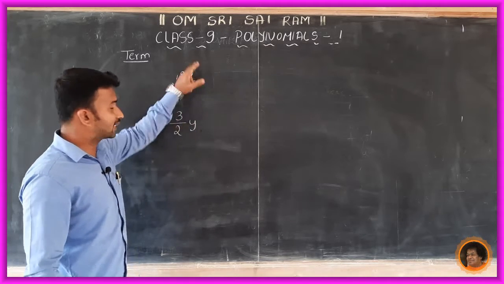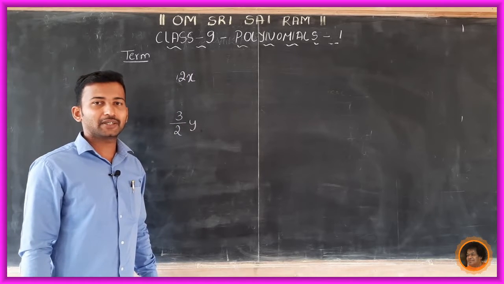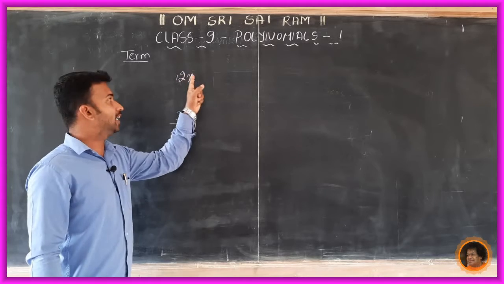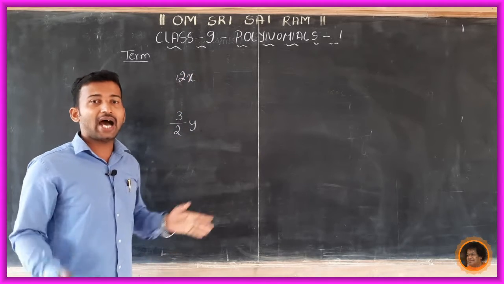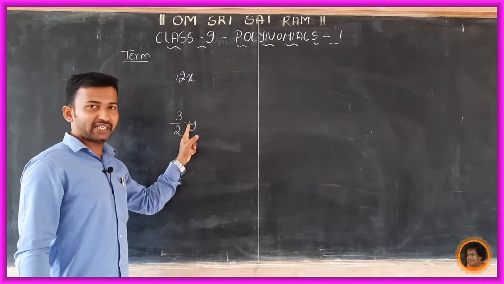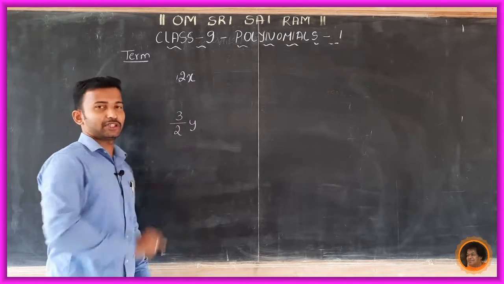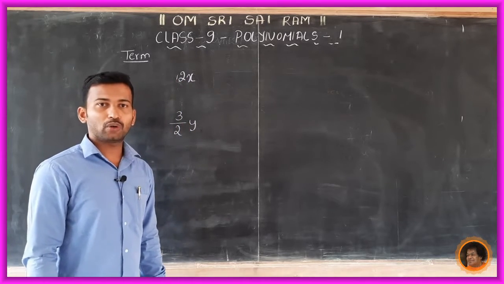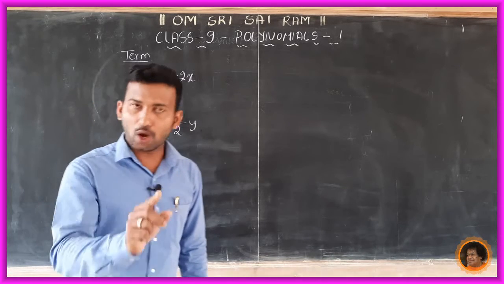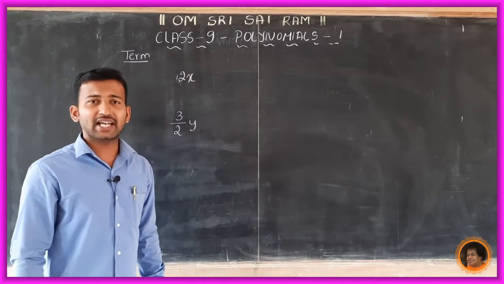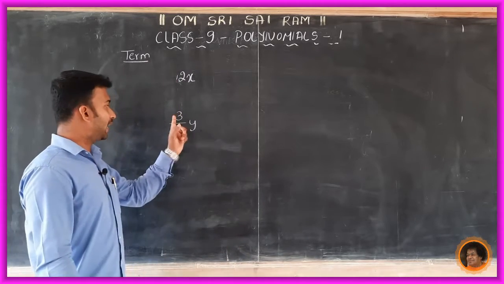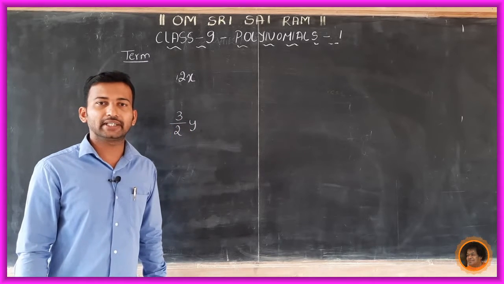In these two examples, we have the combination of constant and variable connected by multiplication and division. So the combination of constants and variables connected by multiplication and division is called a term.